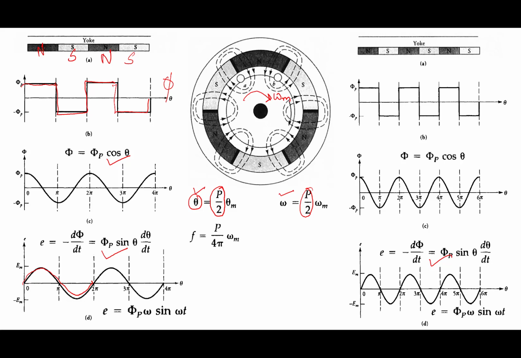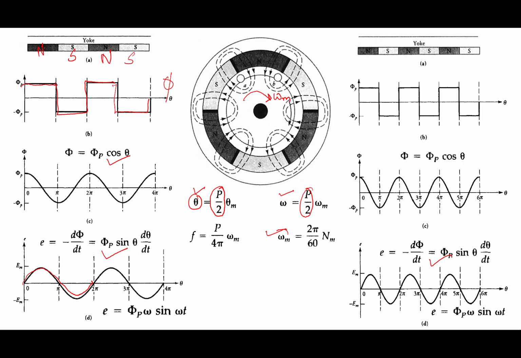Now from omega I can find the frequency just by dividing by 2 pi. So f will be equal to P by 4 pi omega m. Now I can also find omega m in terms of nm.